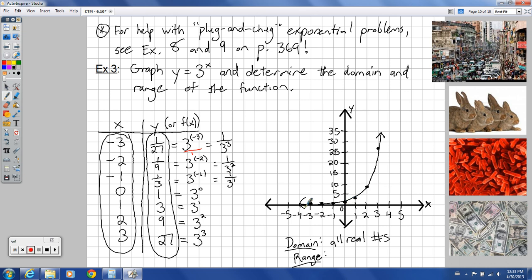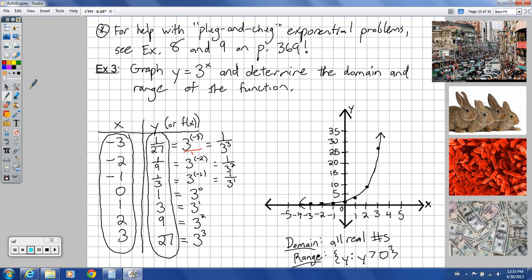I'm going to get really, extremely close to the line right here, y equals 0, but it actually will never touch it, and so you also will never get negative with this function. You have y such that y is greater than, not or equal to this time, because it can't actually equal 0. So just y greater than 0.